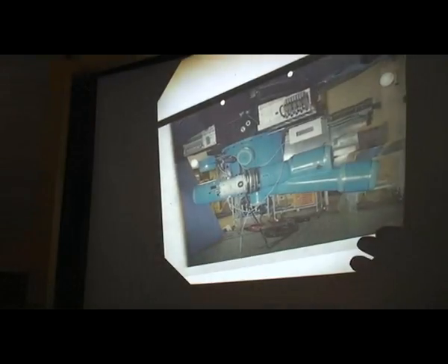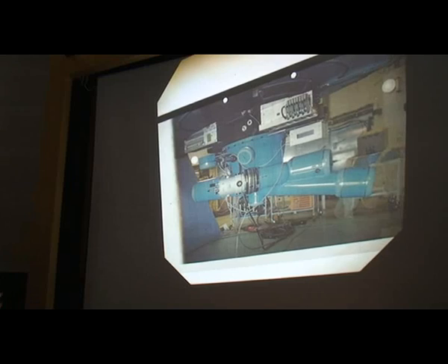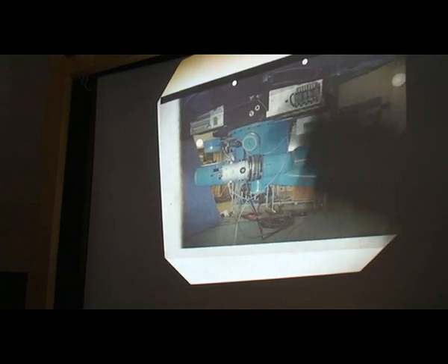Now we have this famous Kryman Helsinki joint spectrograph at La Palma. This is the correct size, it's not like that.